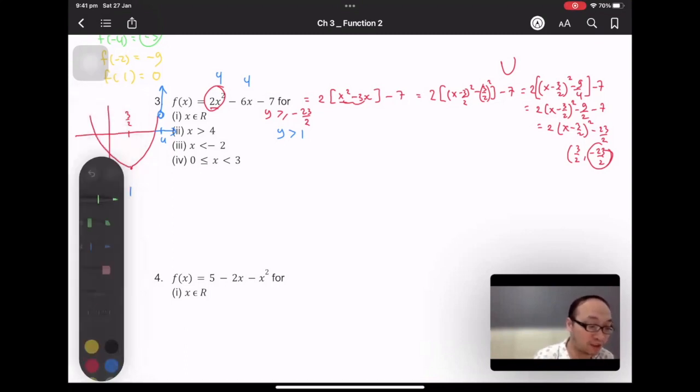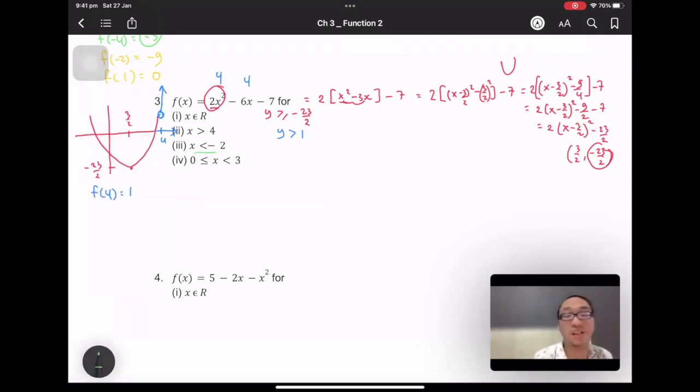The third one, x smaller than negative 2. So we put negative 2. It's 4 times 2, 8. 8 plus 12, 20 minus 7, it's 13.